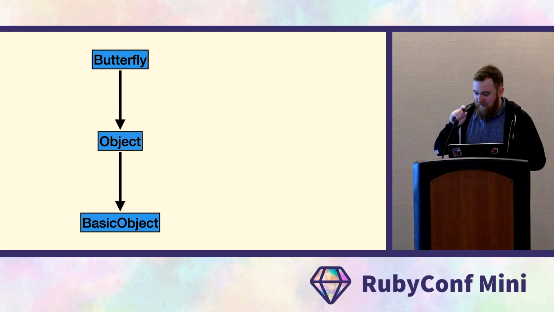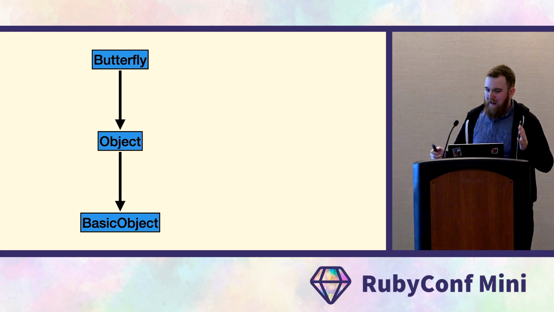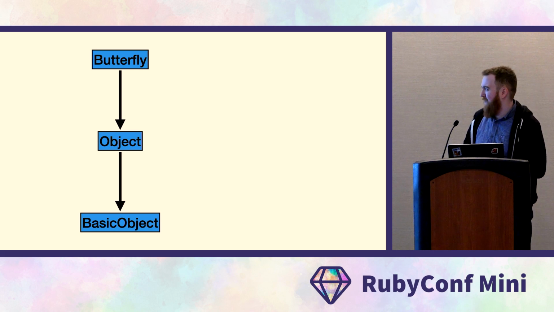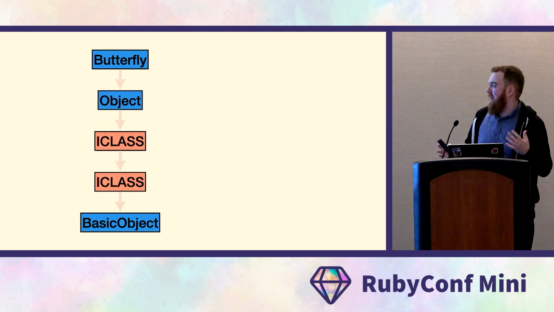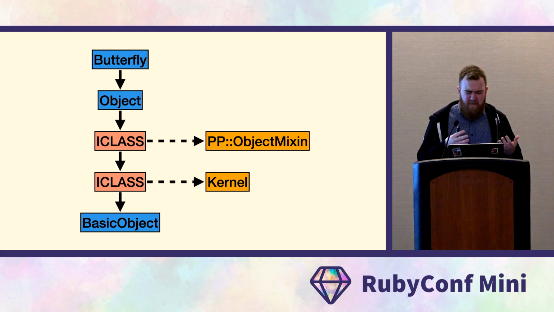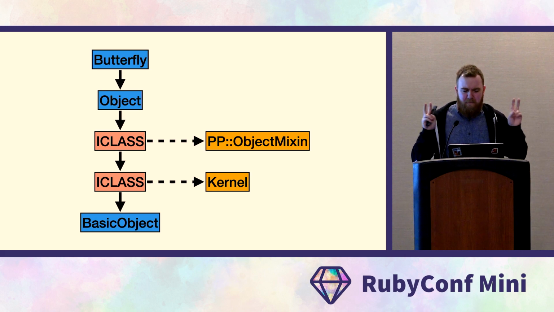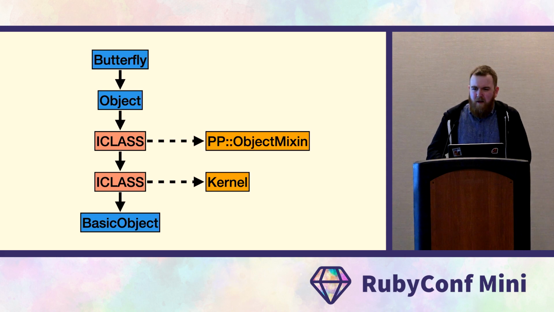I told a slight fib, which is that these also have to check not just the class ancestors, but also the module ancestors. And the way that's done in C Ruby is that it has these weird hidden iClass objects, which I don't know what it stands for, but I've always assumed internal class.